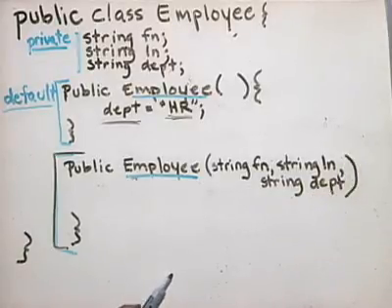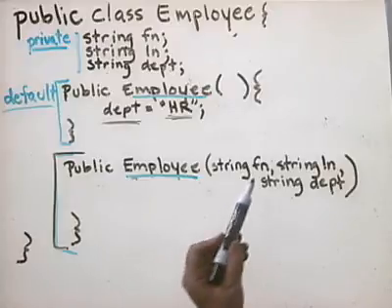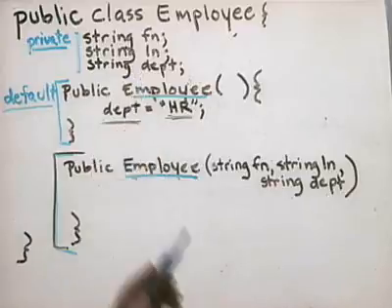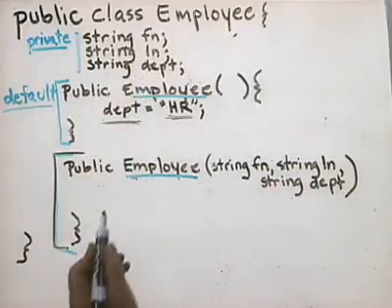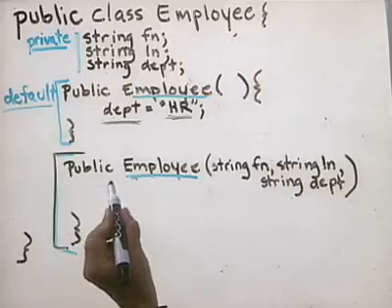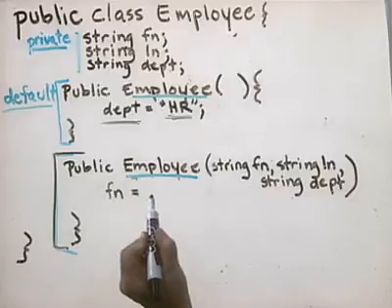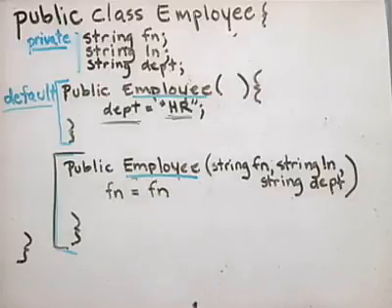Notice that the parameter names are exactly the same as the data member names. So in theory, what I'm really saying is take the data member variable and set it equal to the first name parameter. But that's confusing. It's ambiguous.